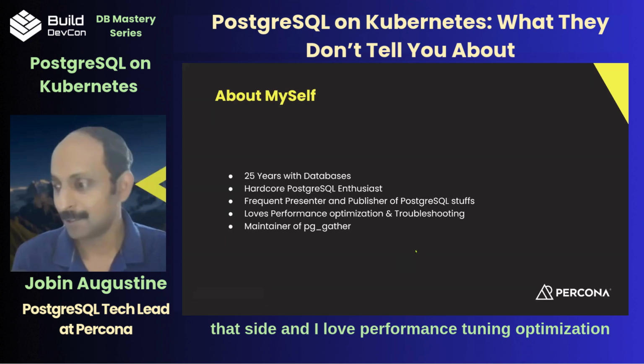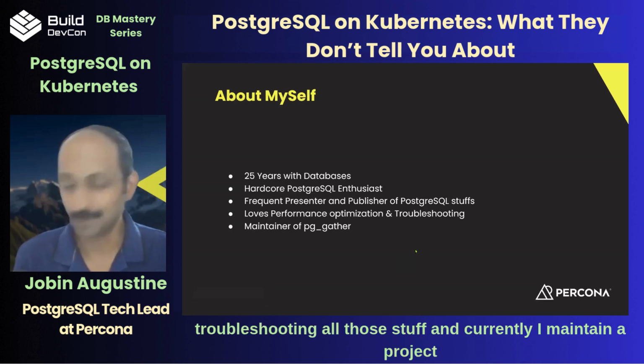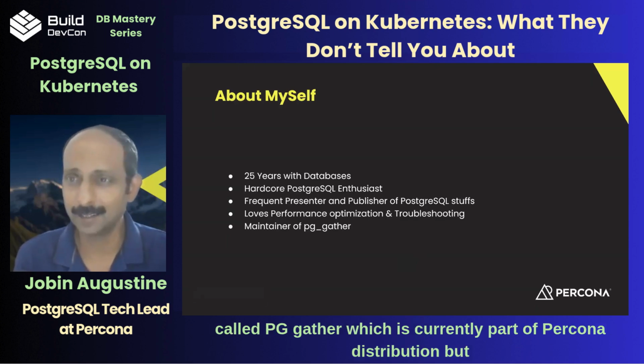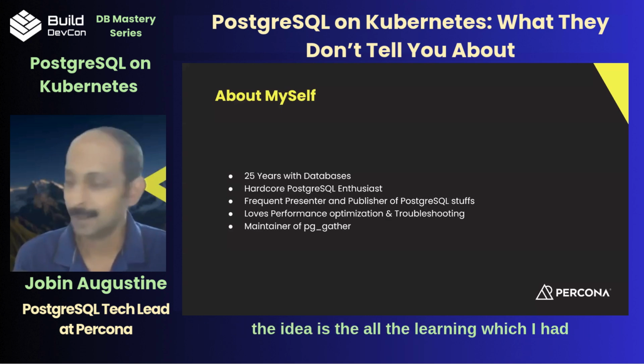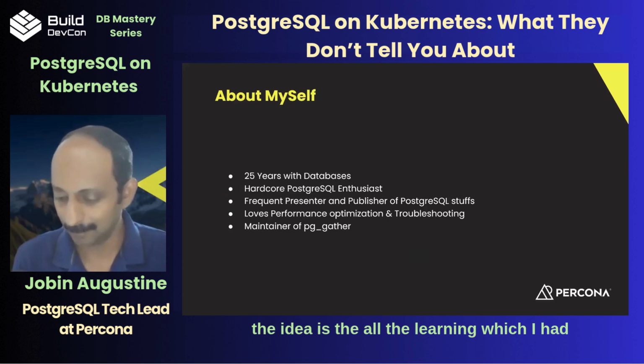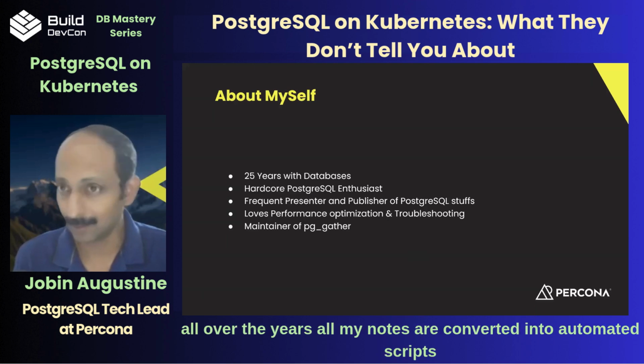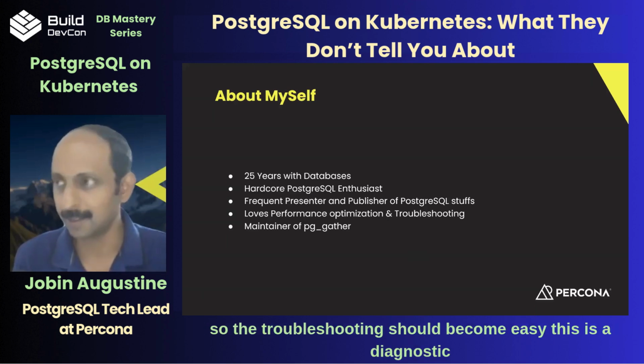And I love performance tuning, optimization, troubleshooting, all those things. Currently, I maintain a project called pggather, which is currently part of Percona distribution. But it's free and open. It's an independent project, my own project. The idea is all the learning which I had over the years, all my notes, are converted into automated scripts, so troubleshooting should become easy.